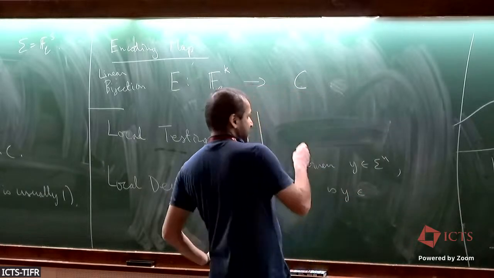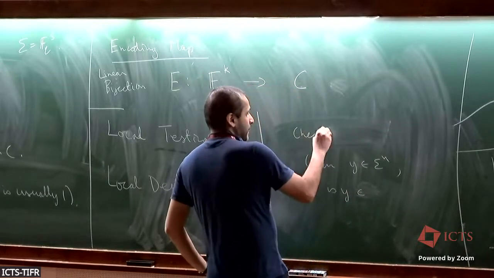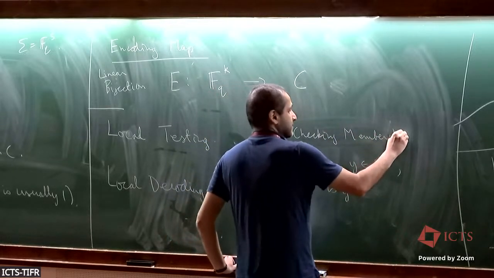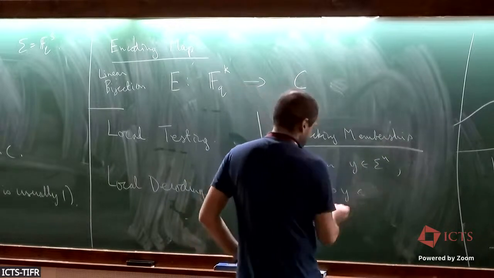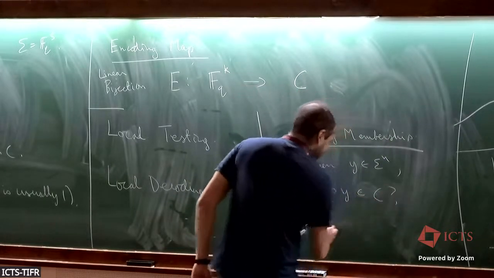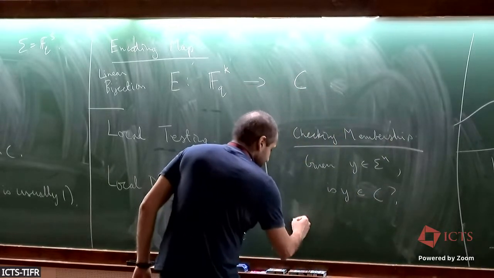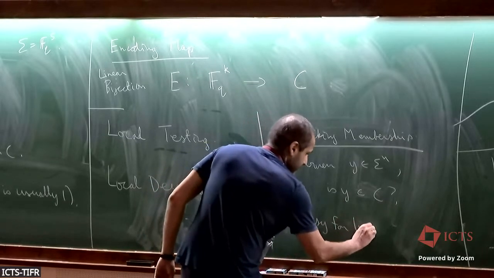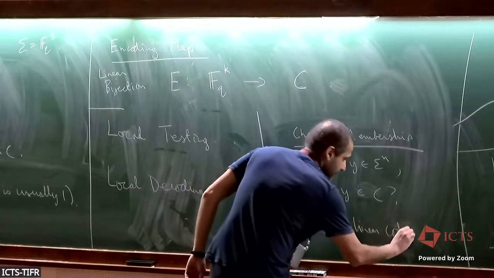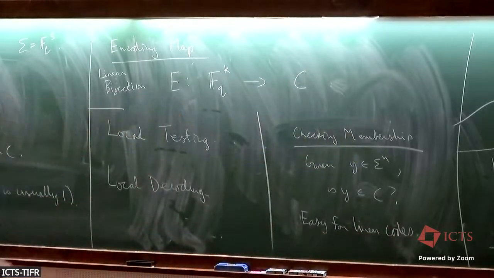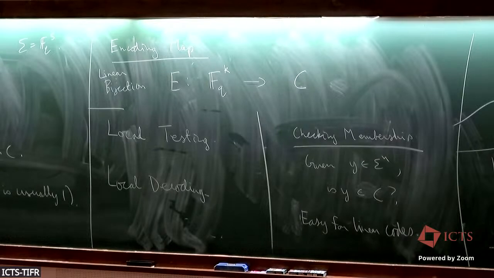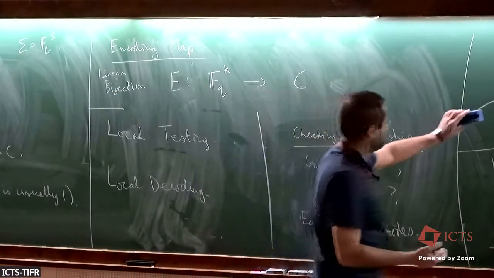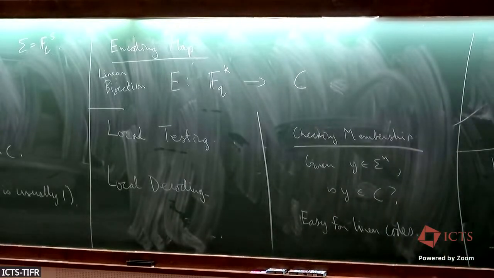Just checking membership: is y in C? This is easy for a linear code, because of F_q linear algebra, we just check if y is in that subspace. We have already specified the linear code using a basis, so we can do it.